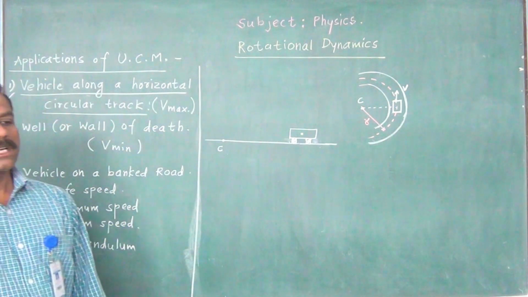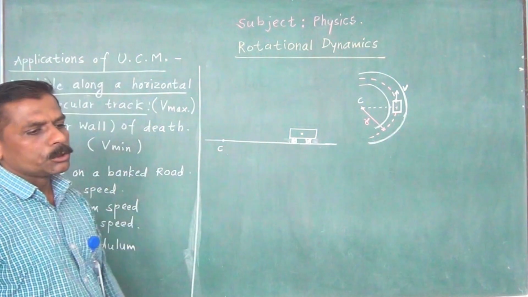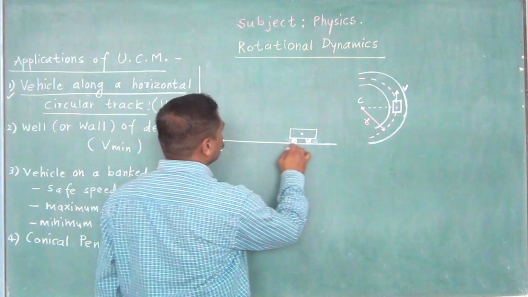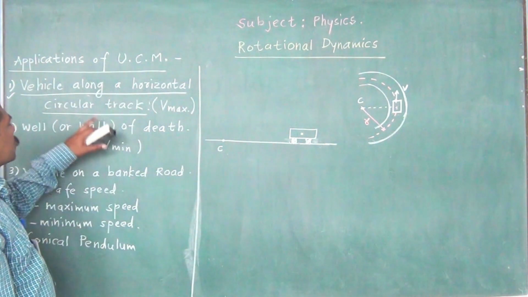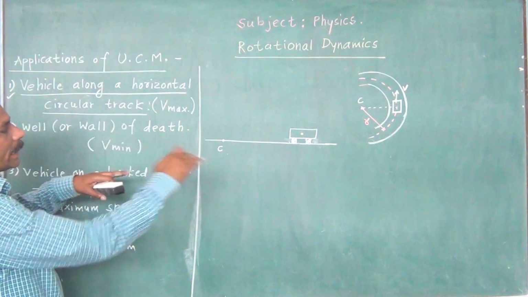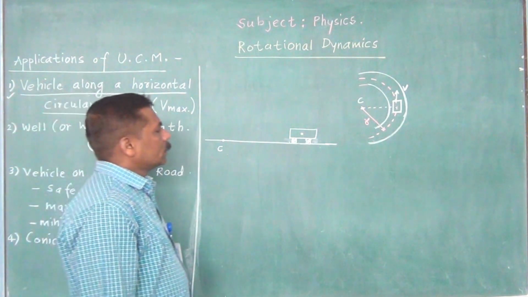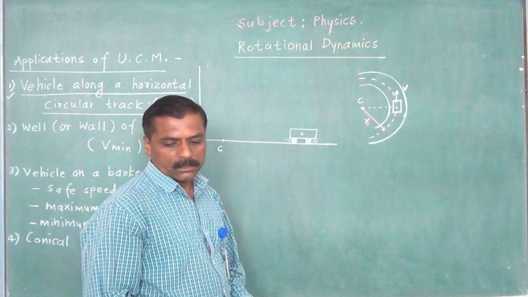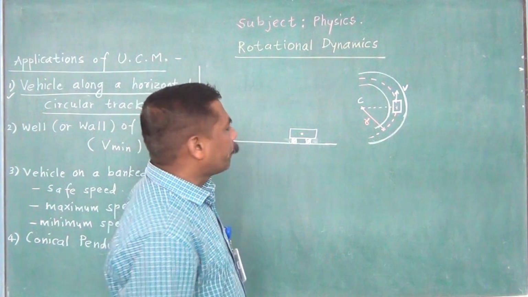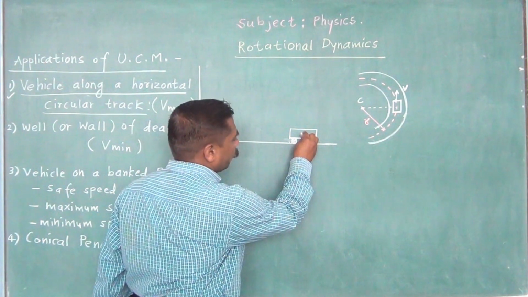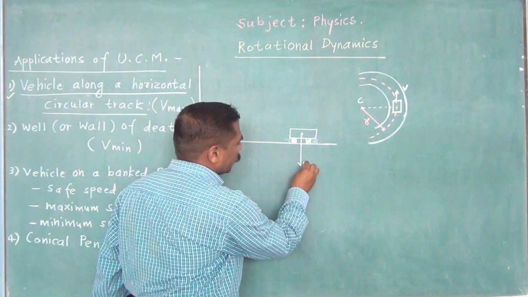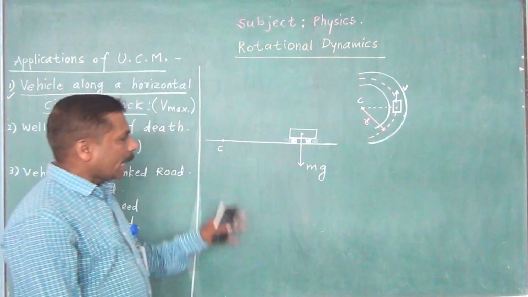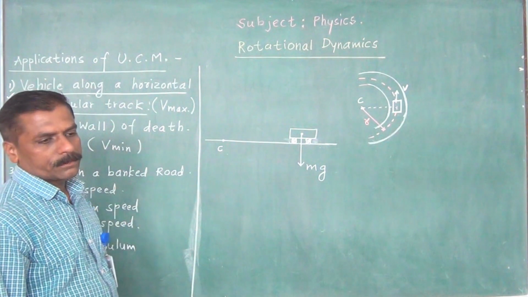This vehicle is taken along the horizontal circular track. The road is taken as the horizontal one. In this case, different forces are acting on this vehicle, and the first important force is the weight of the vehicle, acting in the downward direction.